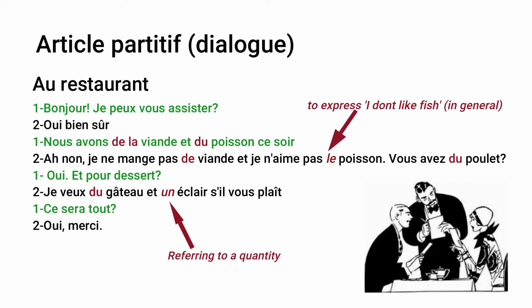So in a restaurant, I cannot say I want un poulet or I want 2 poulets because it means you want 2 full chicken or 3 full chicken, right? That you don't usually ask them like that. You would tell them I want some chicken. Continuing the conversation, ce sera tout means that will be all, and the customer says oui, merci.